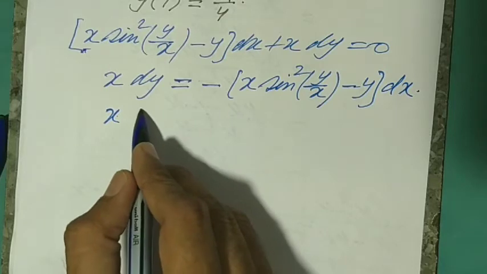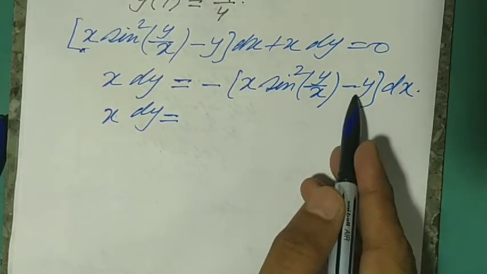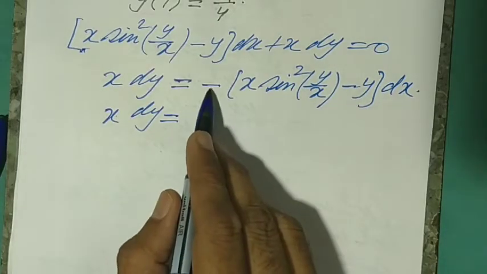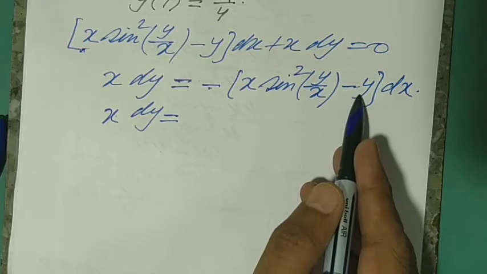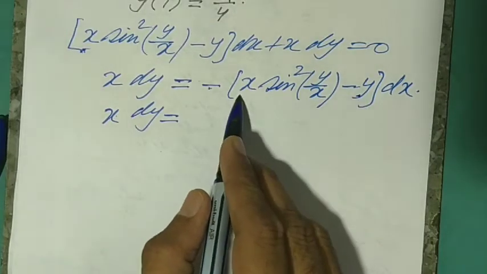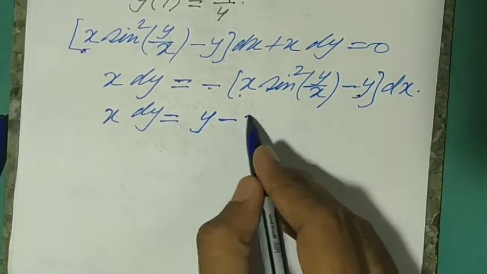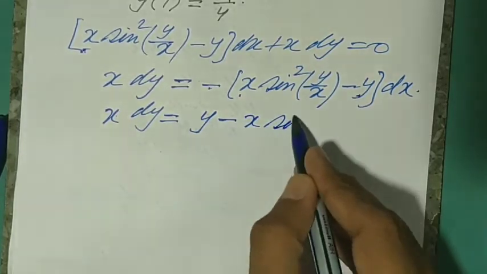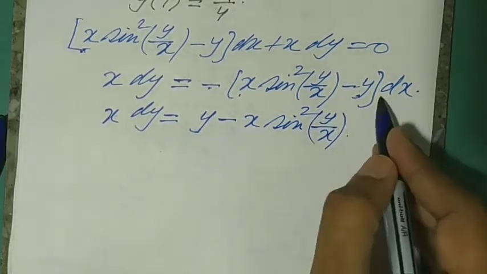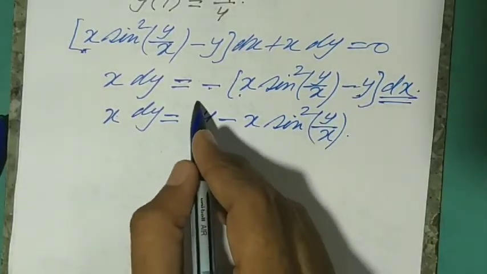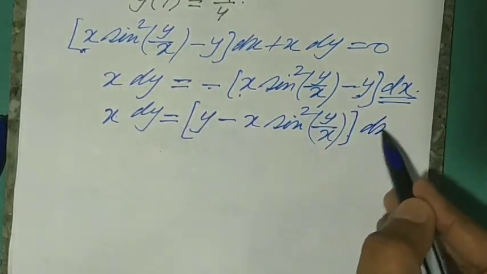Now here if you open up the bracket, this minus will multiply both the terms, and this term will become positive and this term will become negative. So you may also write it as y minus x sine square y upon x, because there is the dx operator, so it is better to keep it in the bracket after multiplying by minus 1, dx.